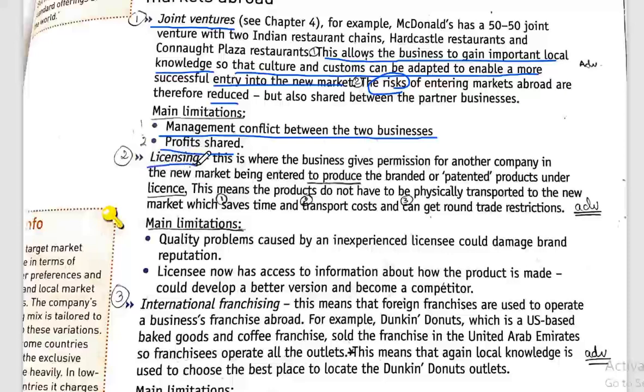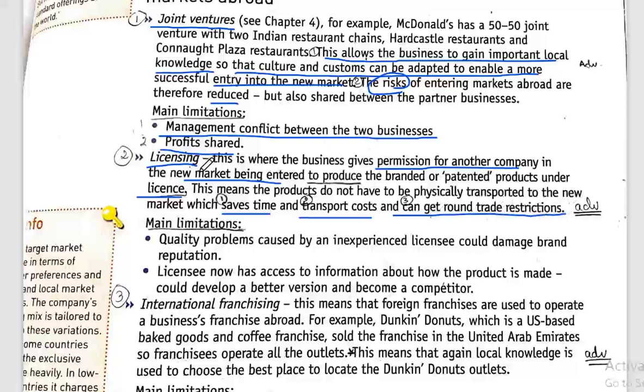Licensing. This is where the business gives permission for another company in the new market being entered to produce a branded or patent product under the license, and this is actually what is meant by the franchise. This means products do not have to be physically transported to the new market. It saves time, it saves transport costs, and it can get around trade restrictions.